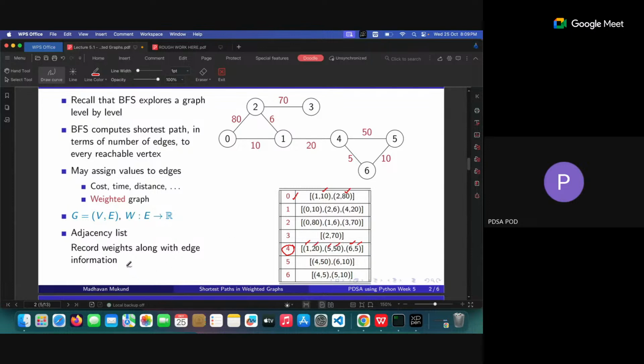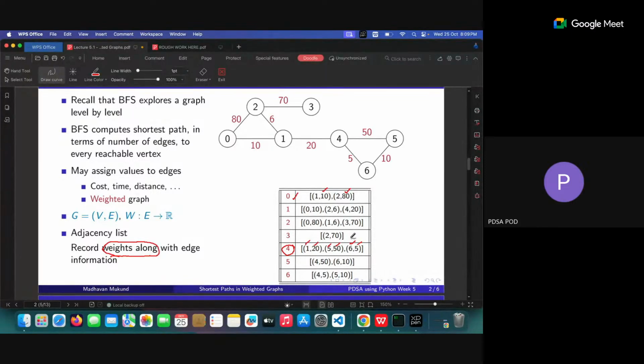So the record is kept along with the weights. Not only is vertex 4 connected to 1, 5 and 6, but also the associated weights of 20, 50 and 5 are stored. It is a compact format and easy to store, so space can be reduced.